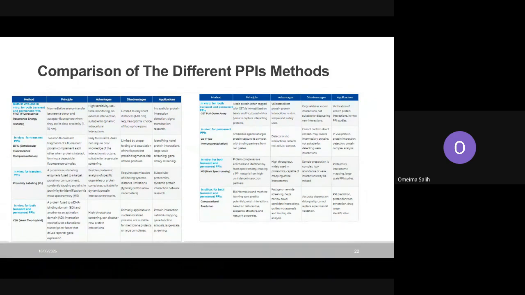We are not going to talk about the workflow, but we are going to select some of these methods and have more insight into them. But you need to know the principle of each method, and as it is defined here in the table, the principle, the advantage, disadvantage, and applications.